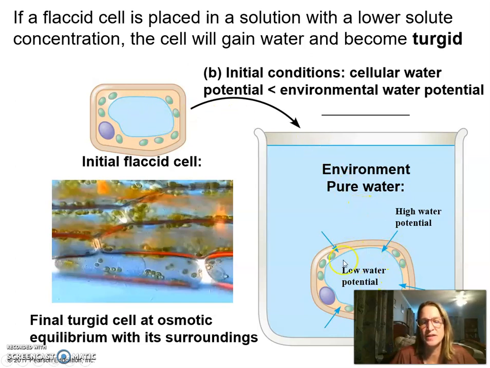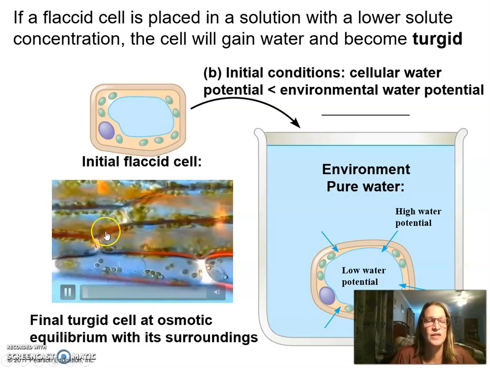So here you go, you've got the cell with low water potential, and high water potential in the environment. In this case, this is pure water with no solutes in it. And remember that water is going to flow from the high water potential to the low water potential. So in this case, water is going to flow into the cell and cause it to become turgid. So let's watch this video.